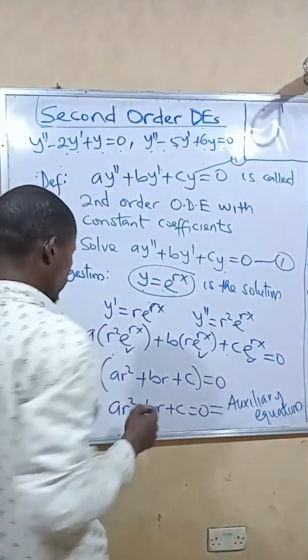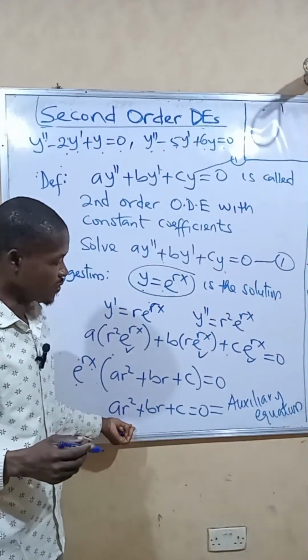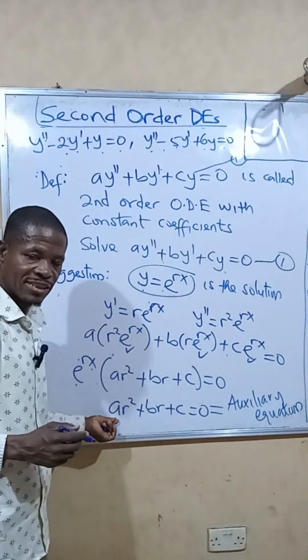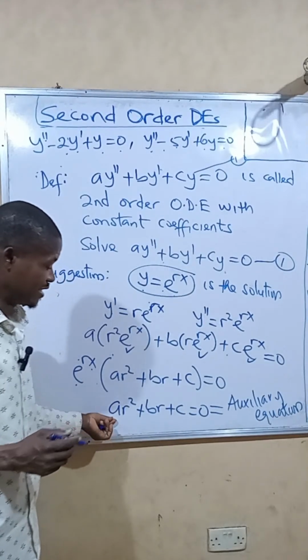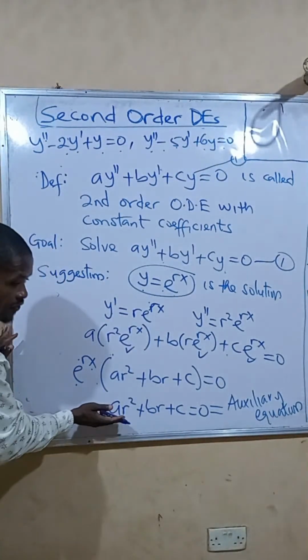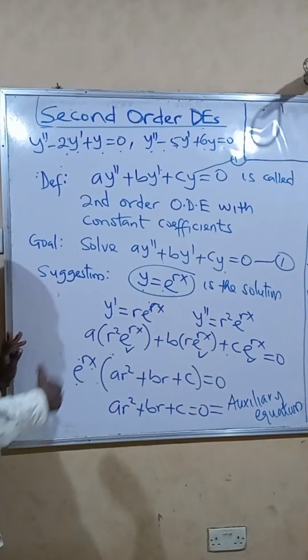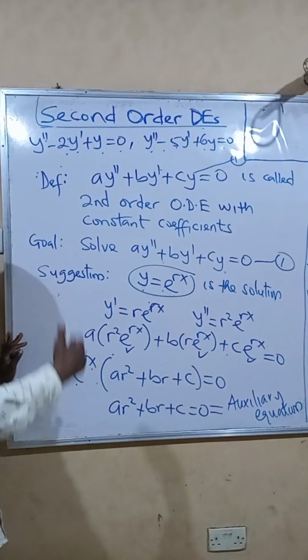And if you check this auxiliary equation, which comes from the solution of equation 1, it is quadratic in nature. We can solve this either by factorization or by using the quadratic formula.